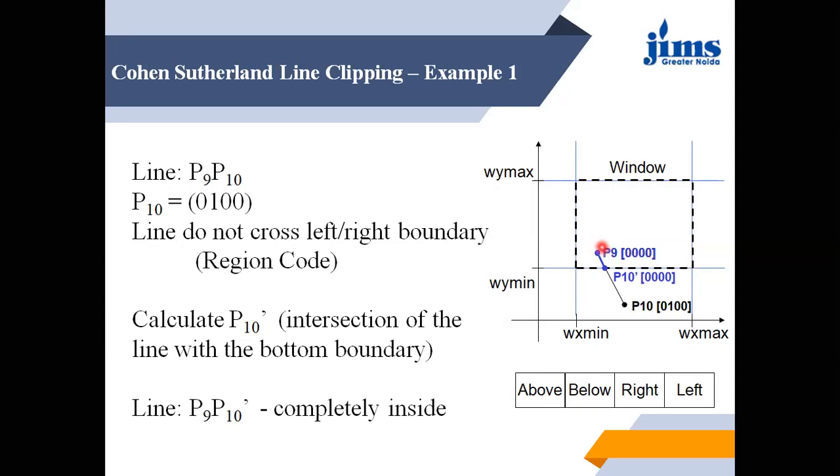This is the region coordinate, not the point coordinate. The point coordinate will be in x and y form, meaning there will be the values of x and y as we represent in a coordinate system. Here we are considering the region bits.